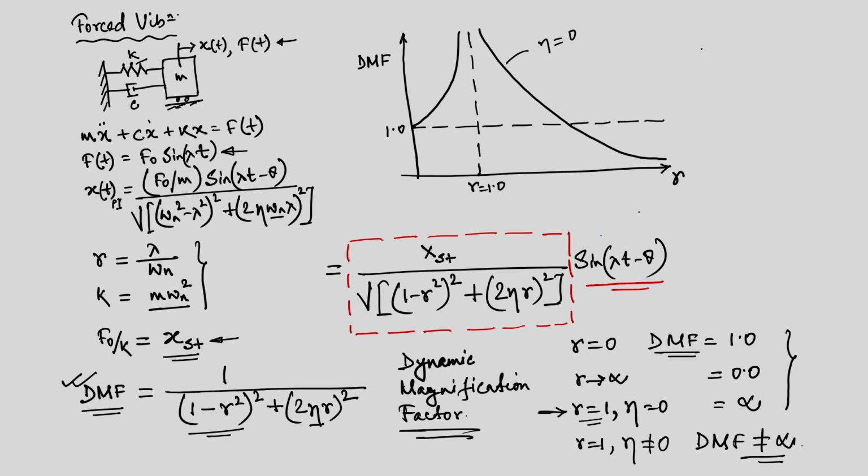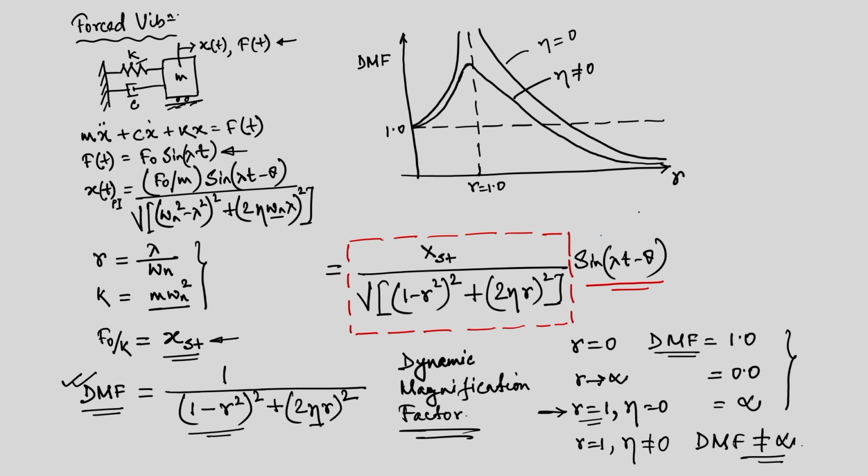Now, what happens when we have eta not equal to 0? Again it will start from 1 and then it will go to a peak value and then again it will go towards 0 as we increase R. So, this is where eta not equal to 0.